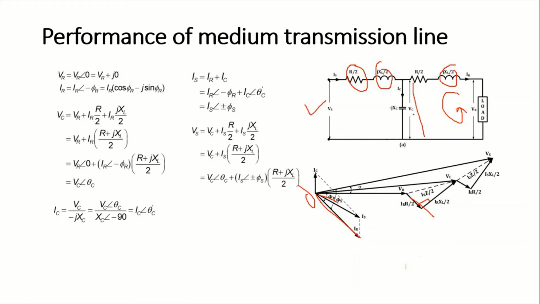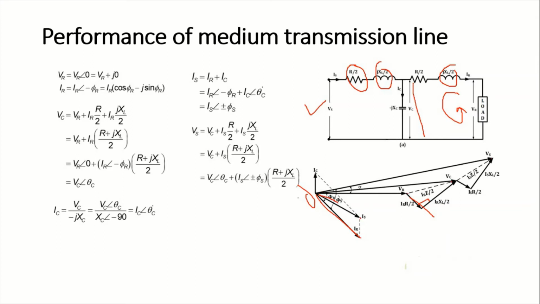Now the voltage drop in this term jXL by 2 due to the current Is is 90 degree leading from this phasor. So drawn like this, and by connecting this point and this point we get the sending end voltage Vs.